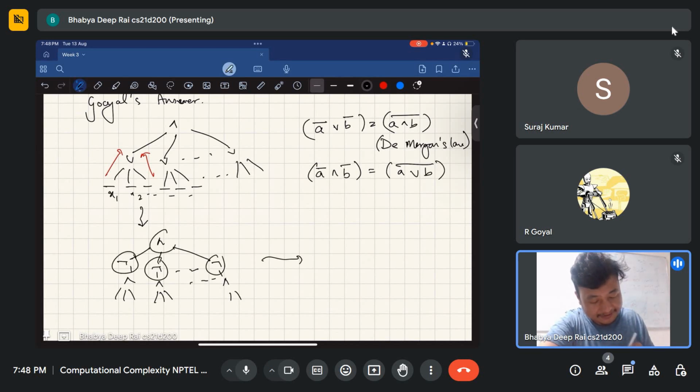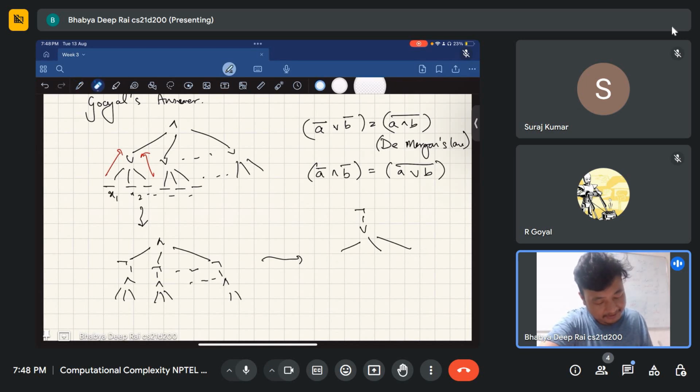So here is exactly this form. There are negation gates and there is an AND gate, an AND of negations. So this will become OR now, and there's a negation gate at the top. The ANDs were already ANDs, so this remains ANDs.